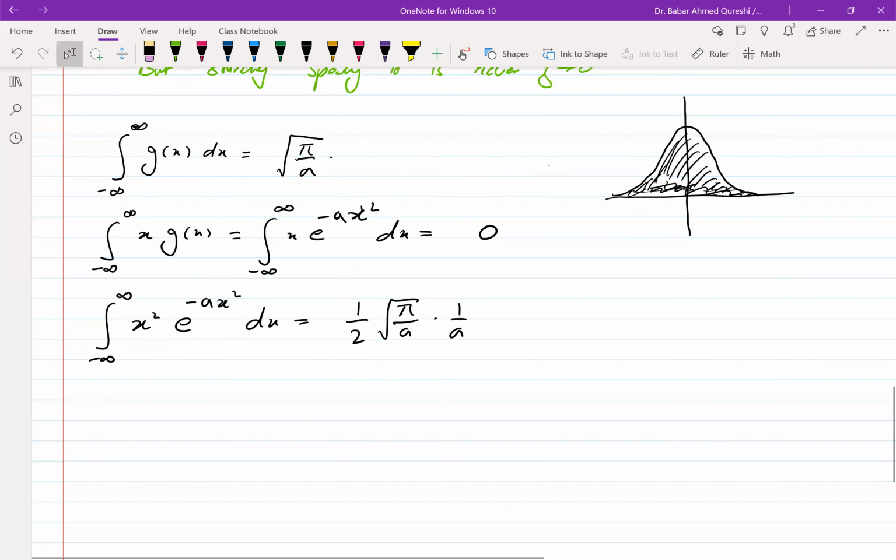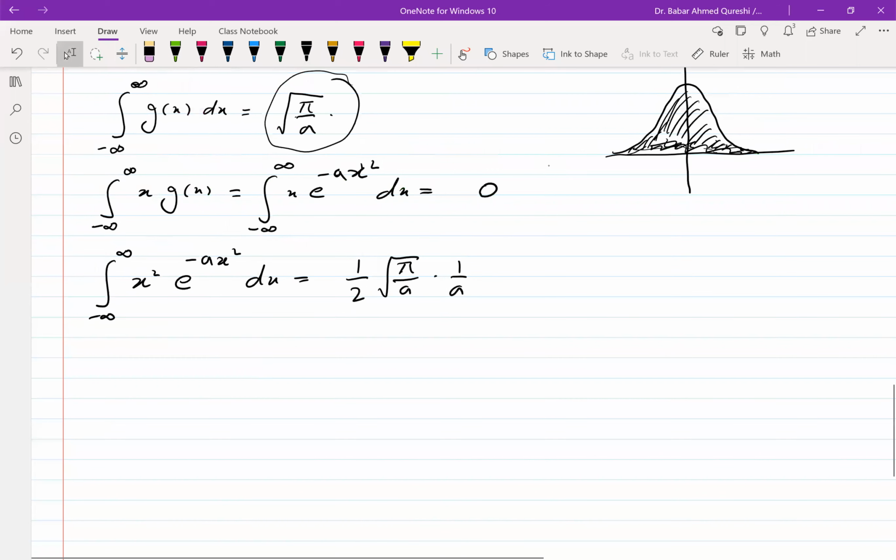Now, since the area under this is this much, this gives me an idea. Let me define a new Gaussian whose area is not root pi over a, rather its area is 1. So how can I do it? I just multiply it with the inverse of that number.